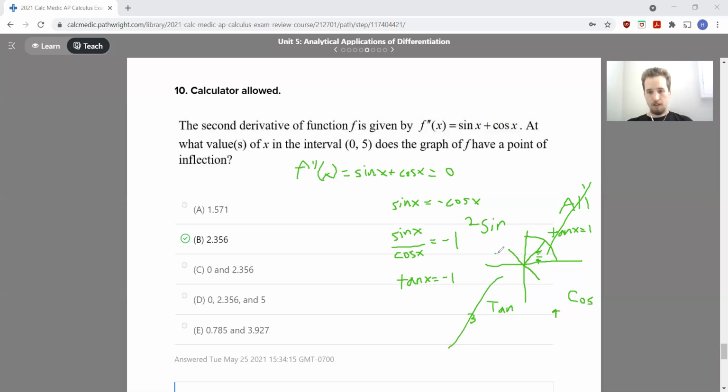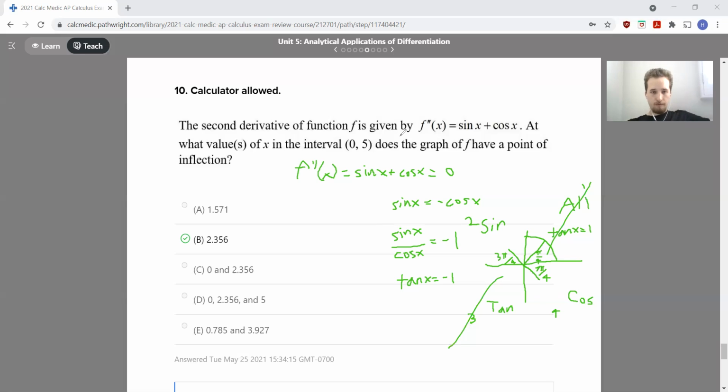So the angle is 3 pi over 4 in the second quadrant and 7 pi over 4 in the fourth quadrant, because all these values are pi over 4s for when tangent's equal to 1.